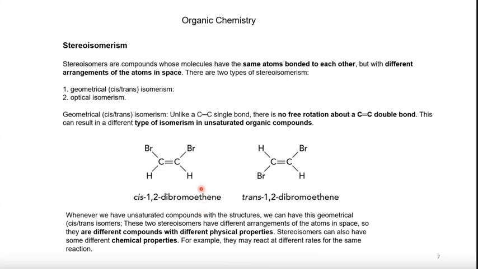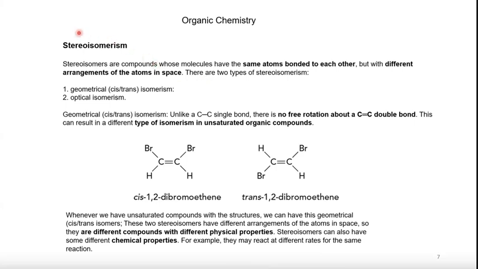We take stereoisomerism then. If we define stereoisomerism, stereoisomers are compounds whose molecules have the same atoms bonded to each other, but with a different arrangement of the atoms in space.